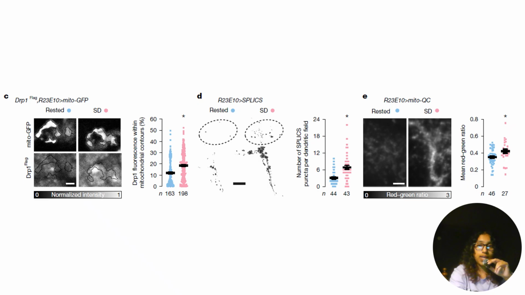So mitochondria then get more elongated and less fragmented, with fewer mitochondrial ER contacts and lower mitophagy activity rate as compared to the sleep deprived state. These findings highlight how mitochondrial dynamics and quality control are very critical in the brain's response to sleep deprivation.